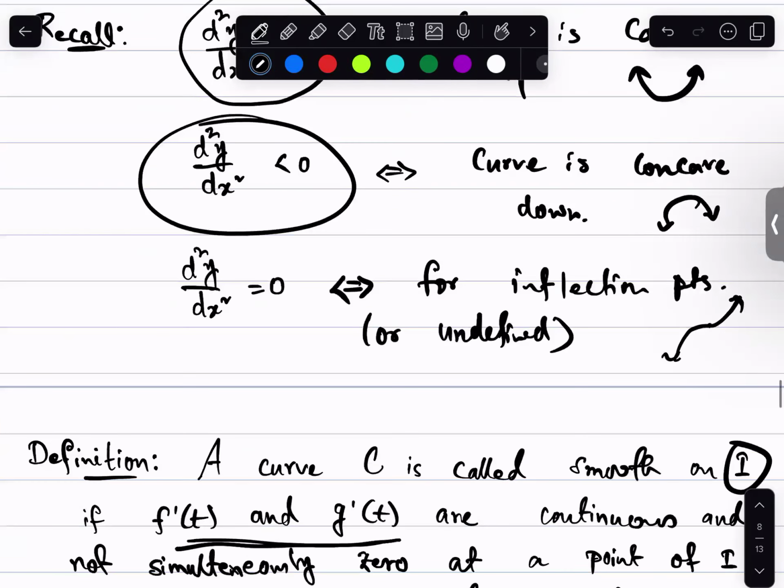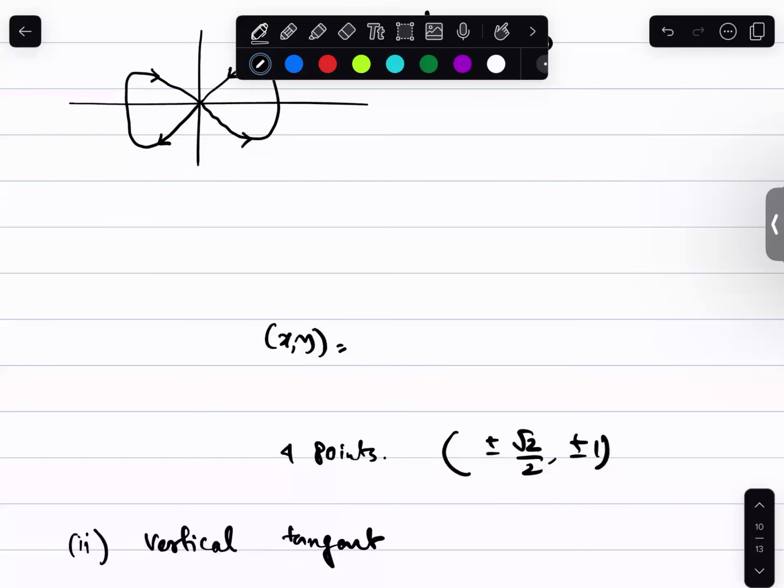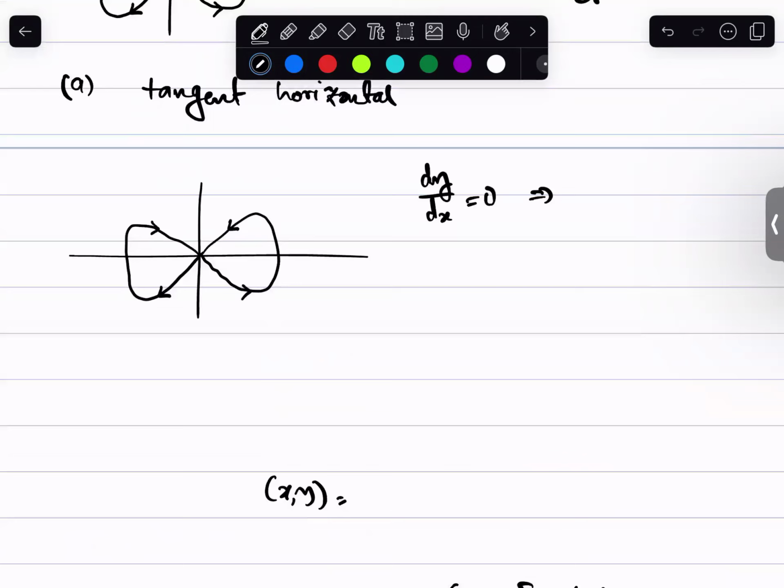Okay. So I have to have dy dt to be 0. That means 2 cosine 2t should be 0, right? And t is in between 0 to 2 pi. Okay. That means 2t is in between 0 to 4 pi.